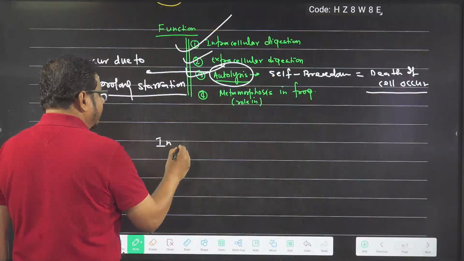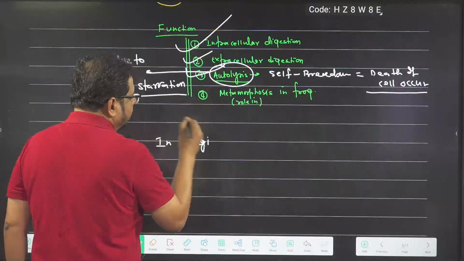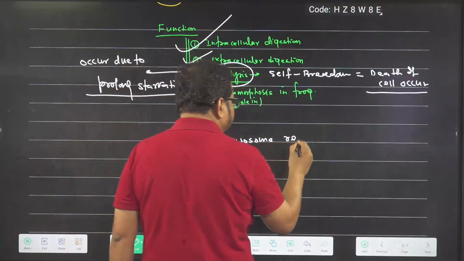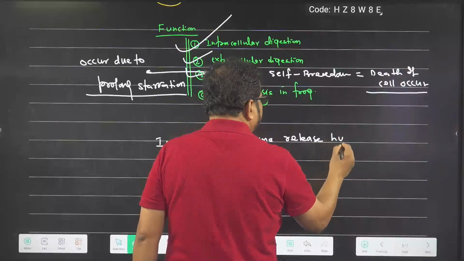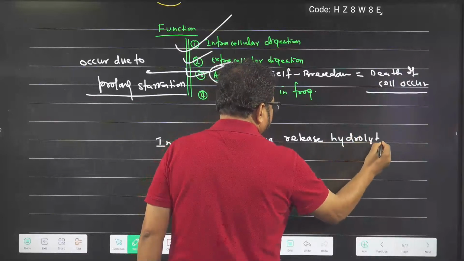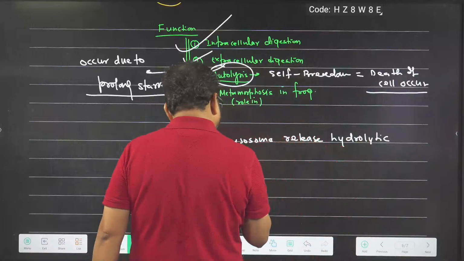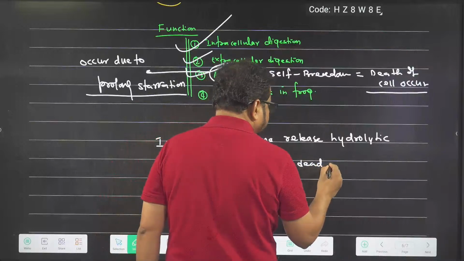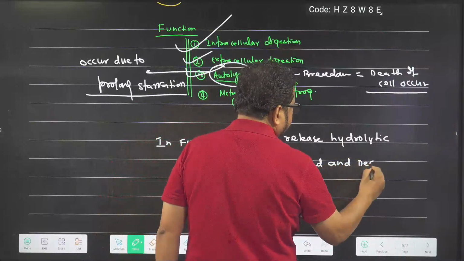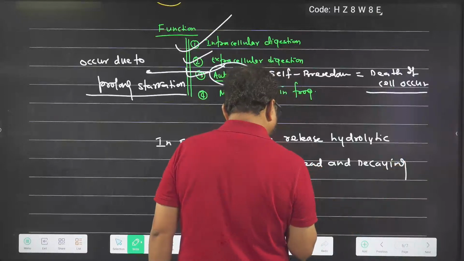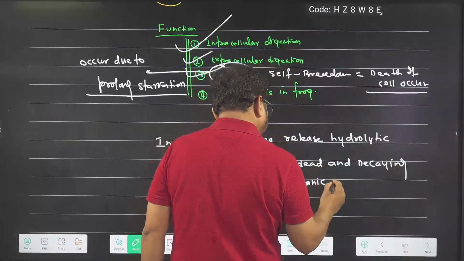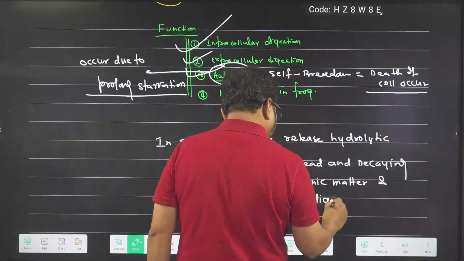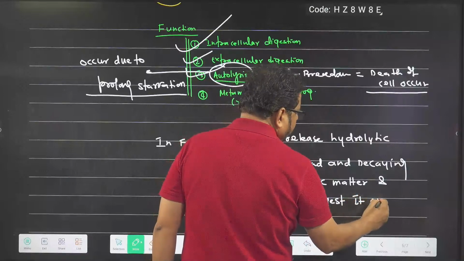In fungus, lysosomes release hydrolytic enzymes on dead and decaying organic matter and digest it outside of the body.